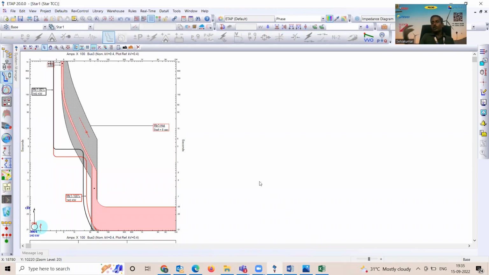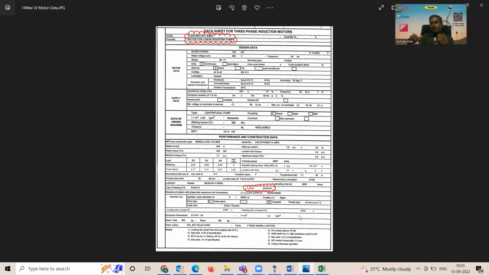And when you're ordering the switchgear, you may not have this data sheet, but this data sheet will be available to the engineer only after placing the purchase order on the motor. When we place the purchase order on the motor, and when we are getting the data sheet from the OEMs, by the time we would have ordered the LV switchgear also.